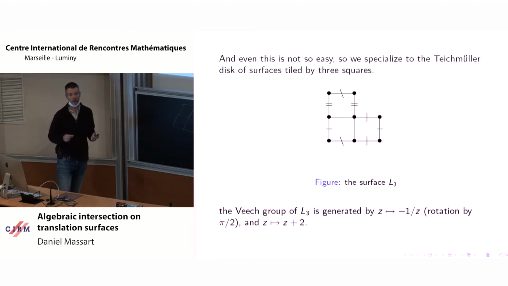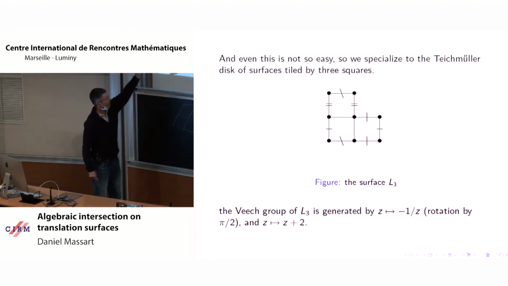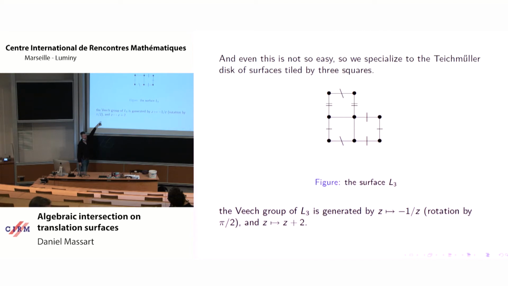Why is it a complex curve? Because when you have a translation surface, you can act on it by GL2R, or SL2R if you want to preserve the volume. And the orbit of a surface under SL2R is a complex curve in the moduli space.